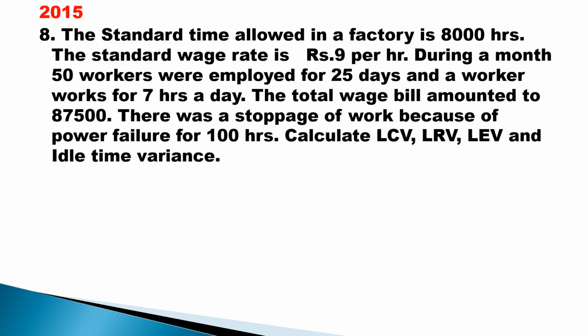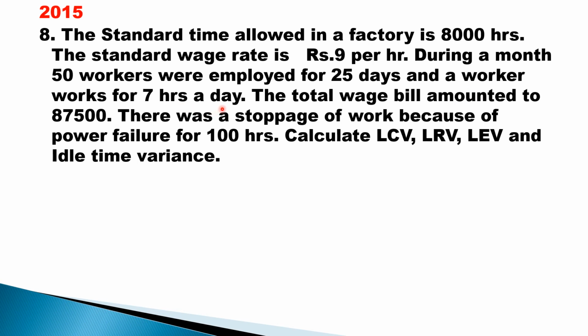So students, this is the 8th problem. The standard time allowed in a factory is 8,000 hours. So it's called ST. The standard wage rate is 9 rupee per hour. So it's called SR. During a month, 50 workers were employed for 25 days and a worker works for 7 hours a day.